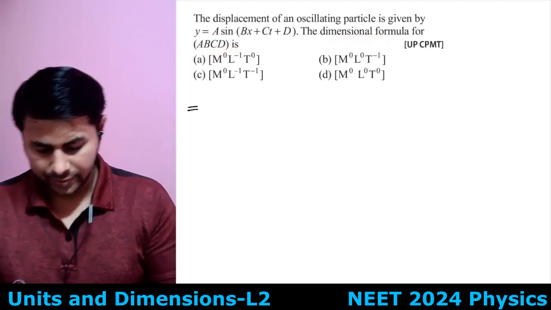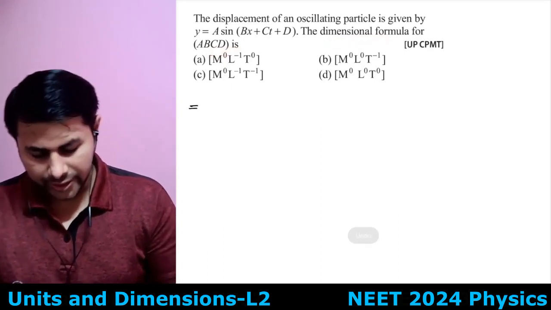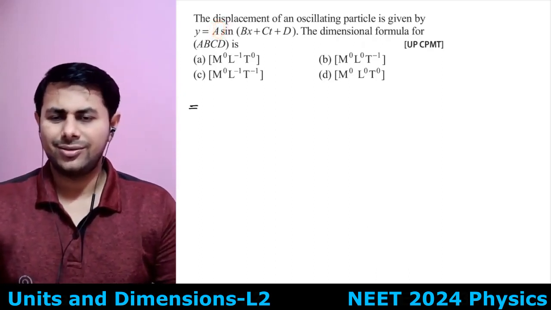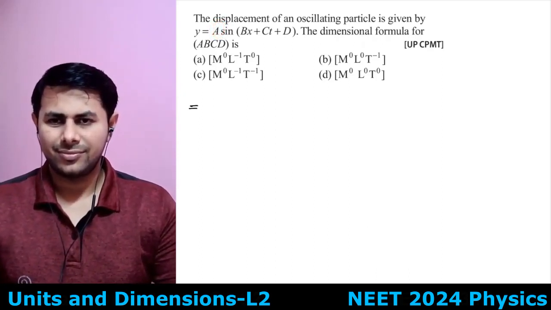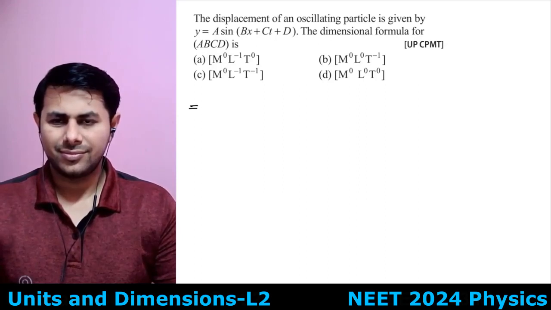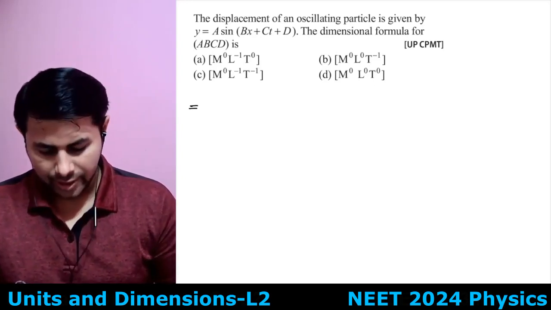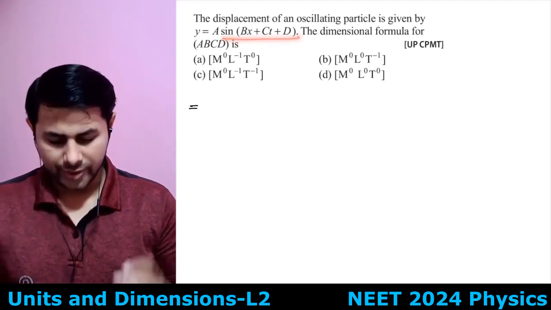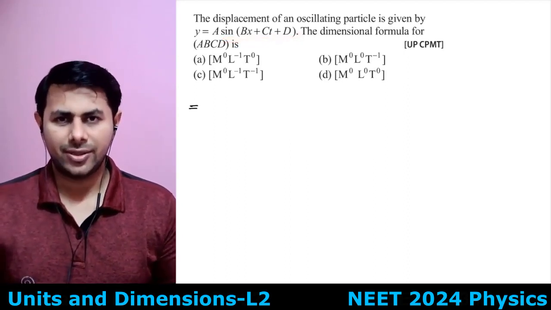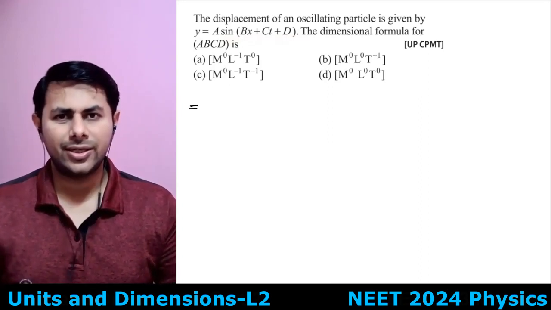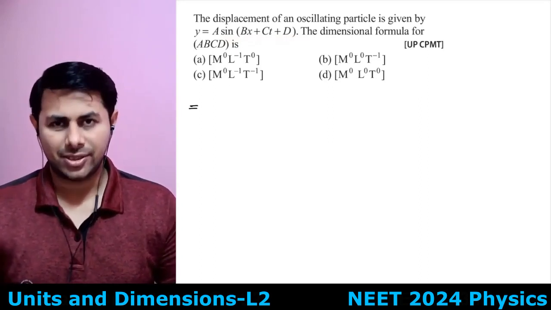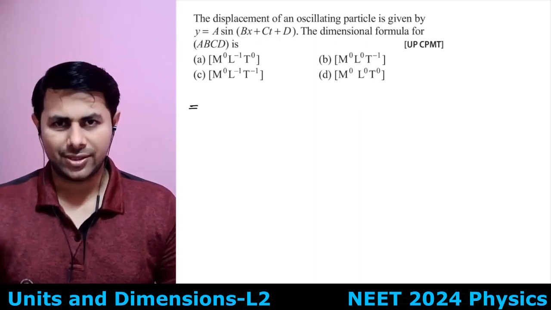So what are the dimensions of A? Who can tell? L. Yes, it should be L, because here we have a sine function, and the sine function of any angle will give you a number which is dimensionless, right?